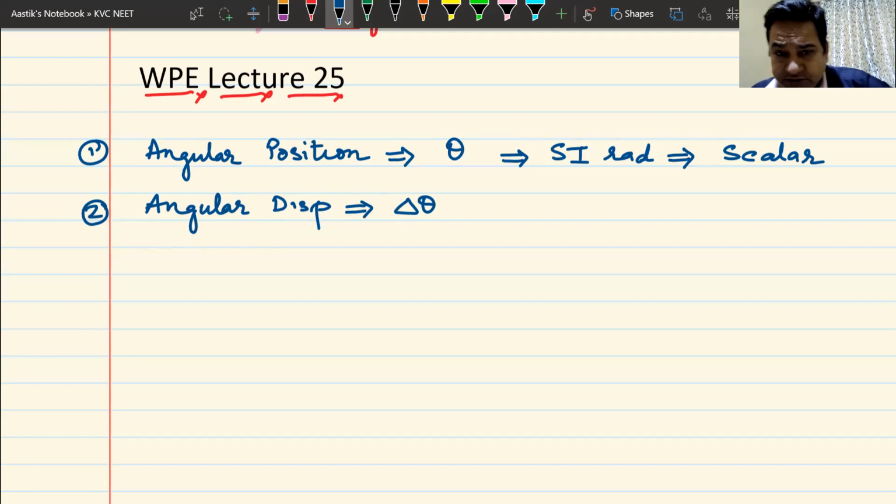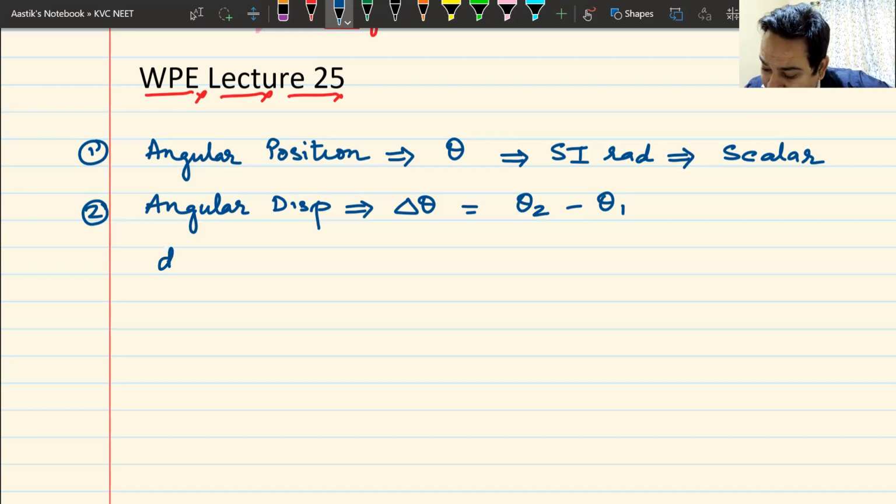Change in angular position, delta theta, is equal to final angular position theta 2 minus initial angular position theta 1. The SI unit was radians, dimensionless. What about scalar and vector?